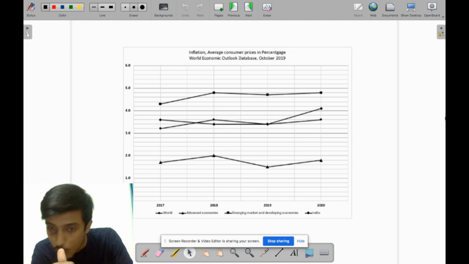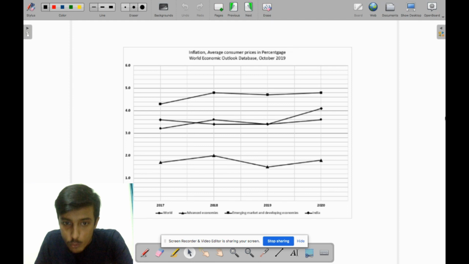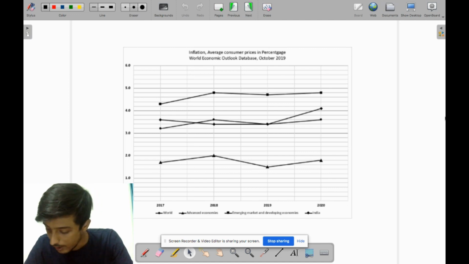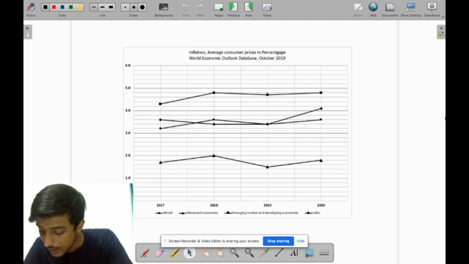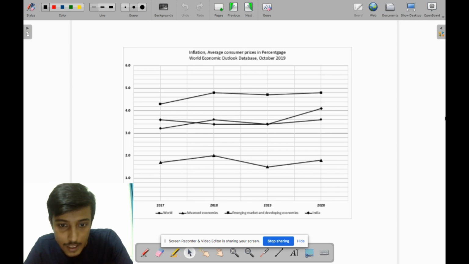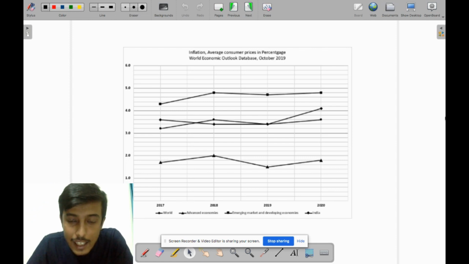Then advanced economies line from 2018 to 2019 had a lot of movement. It moved from 2 to 1.5. So that's a 0.5. The emerging market lines moved from 2018 to 2019. It had a movement of 0.1.